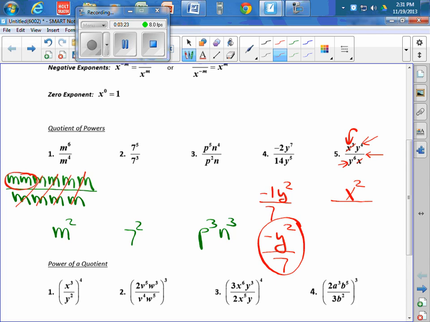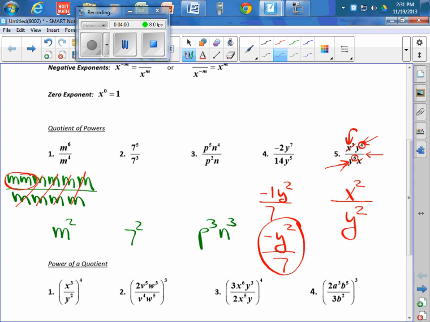Always take the higher exponent and subtract the smaller exponent. So 6 minus 4, 2. So I'm going to end up with y squared. Always put that answer where the larger set of variables were in the first place. So I'm going to have over y squared. So suffice it to say that you're always going to take the bigger exponent minus the smaller. Whatever the answer is, you put it where the larger set of variables were in the first place.